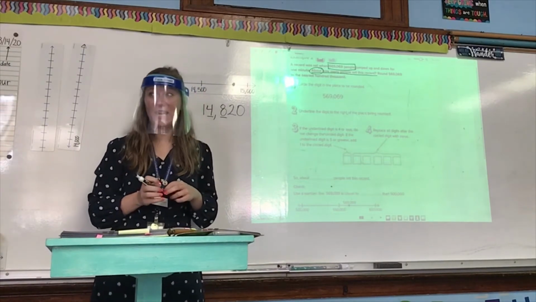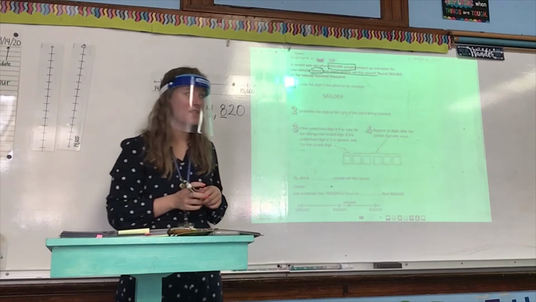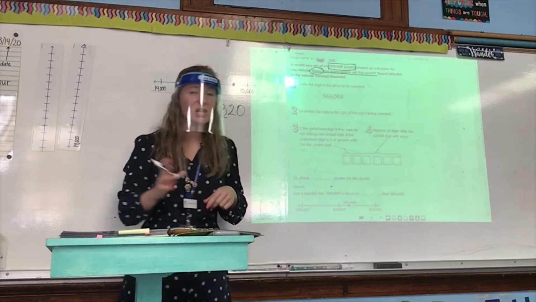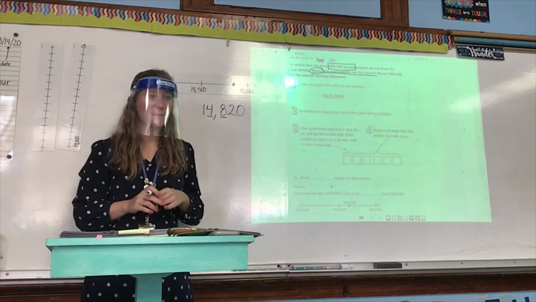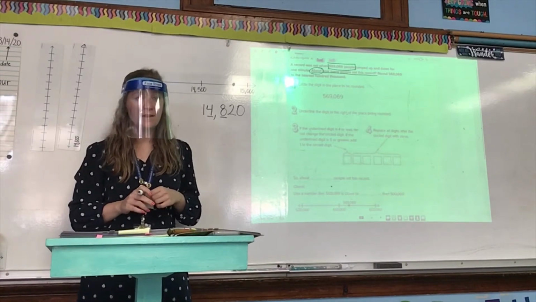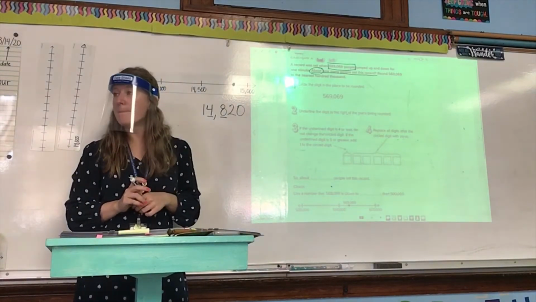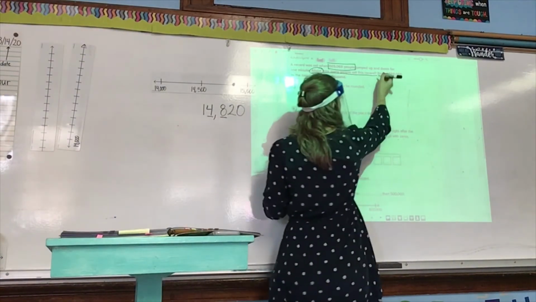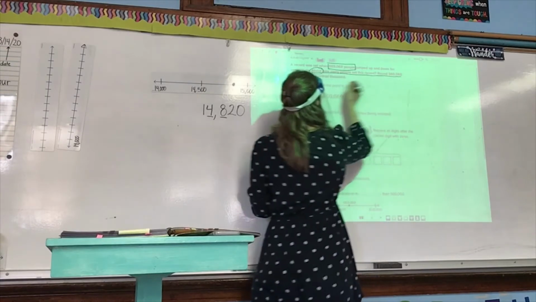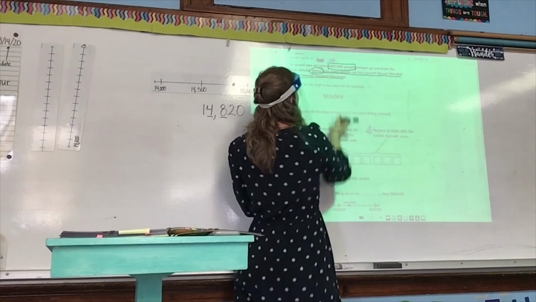So make sure you pay attention, because on your test, if it says about how many, and you tell me an exact answer, did you answer the correct question? Colin? No. About means you are estimating. In this case, rounding, because our question continues to tell us exactly what to do.